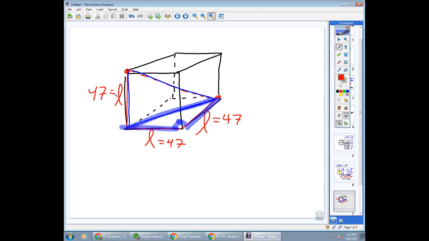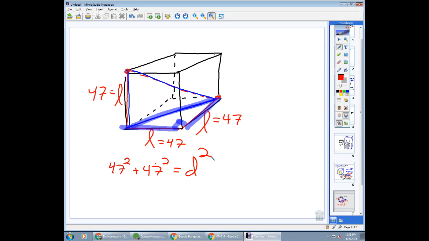So that means this bottom triangle, Pythagorean theorem says it's 47 squared plus 47 squared, and that has to equal that lower diagonal. I'll just call it D squared. Anybody have a value for 47 squared? 2,209. 2,209?